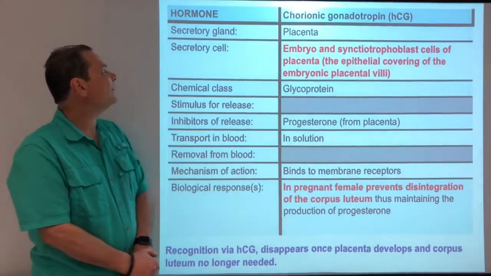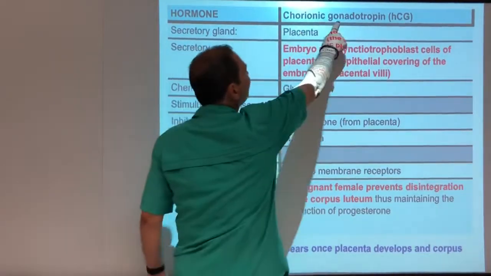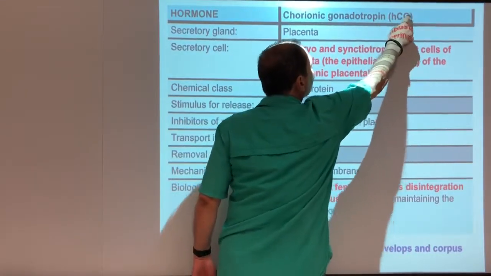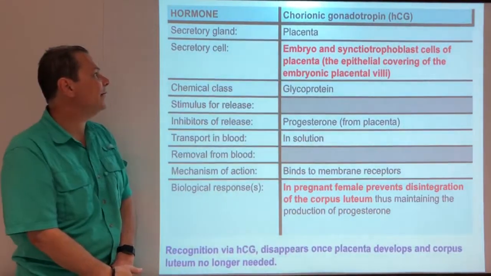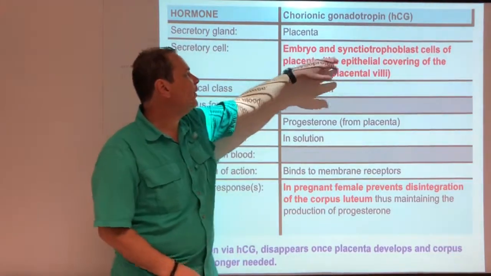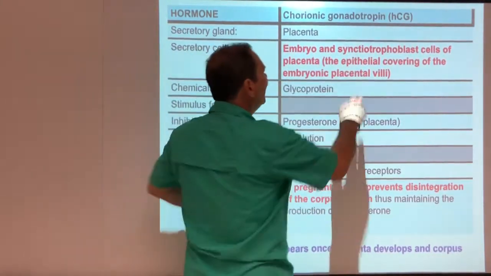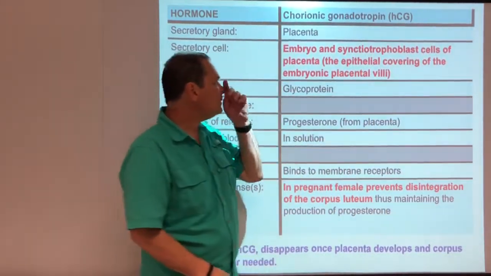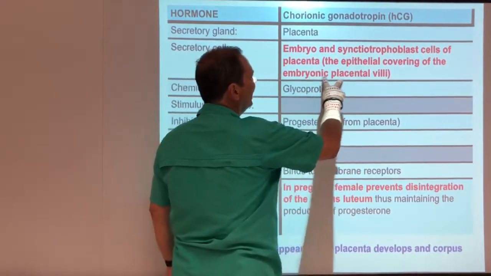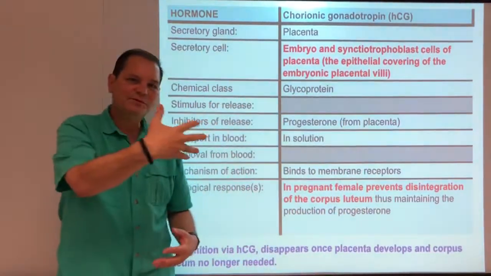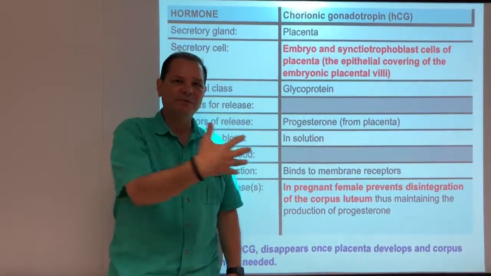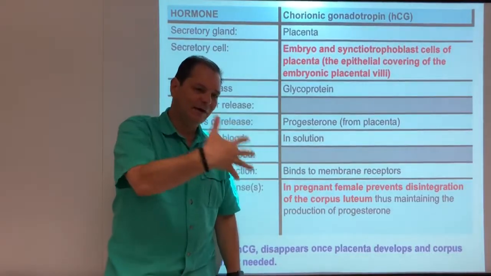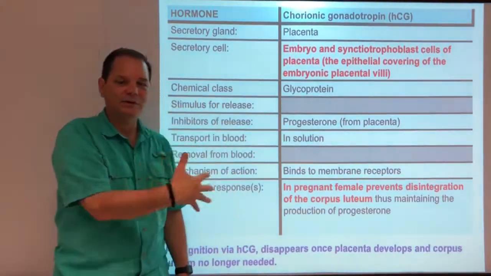It's through this hormone called chorionic gonadotropin, or for our purposes, human chorionic gonadotropin, HCG. It is secreted by the embryo and more specifically by syncytiotrophoblast cells of the placenta. So these are cells, they are part of the embryonic placental villi, which form and are going to become part of the placenta. So these villi, as I'll show you in a moment, are actually invading and implanting themselves into the endometrial layer.